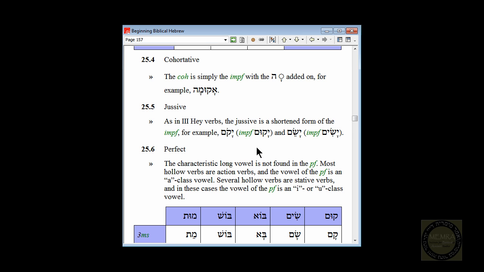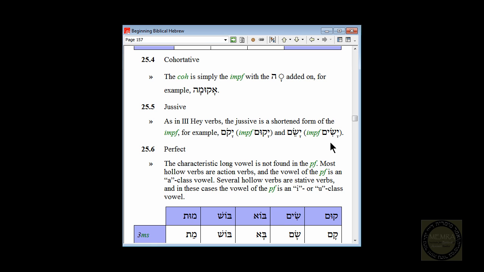Hebrew has A-class vowels, I-class vowels, and U-class vowels. Shureq is a U-class vowel, but holem is actually a U-class vowel too. Now, I didn't ask you to memorize anything about vowels or vowel classes, obviously, but just realize, for the sake of the discussion here, that the holem all by itself is going to be an abbreviated, a shortened form of the imperfect yaqum in a hollow verb. And so that will be your signal, your sign that you have a jussive.